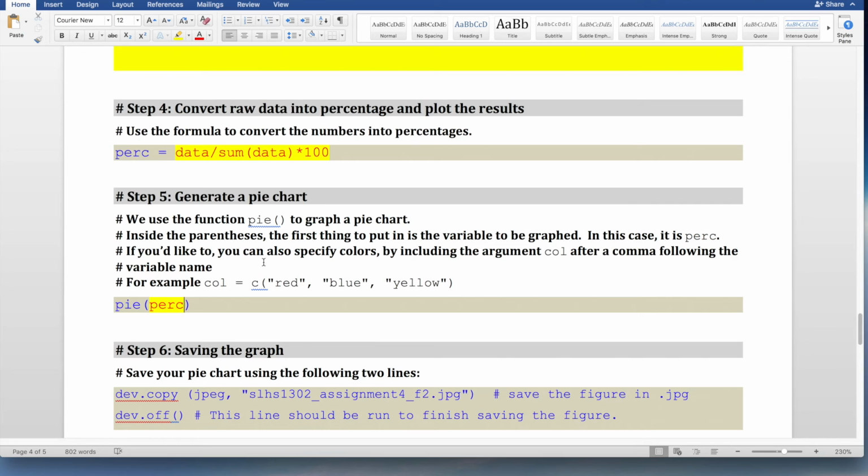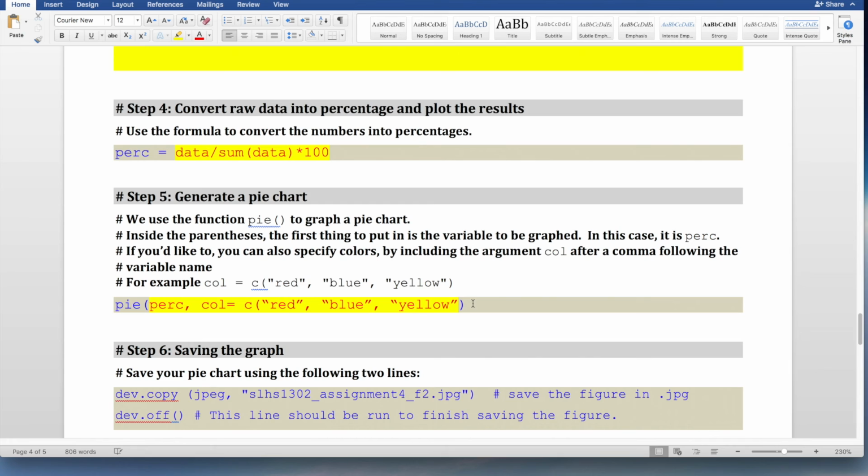It says if you would like to also use specific colors, you can include the argument color after the comma following our variable name. So what we can do is do percent, color equals c. So we'll have red for Broca's, blue for conduction, and yellow for Wernicke's.